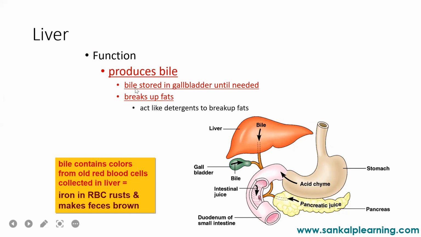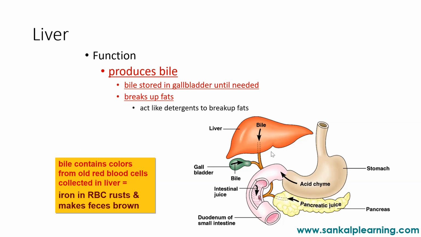Then what is the main function? Bile juice is involved in breaking up of the fats. Okay, so it acts like a detergent to break up fat. It acts like, means emulsification. Digestion anta ಹೇಳಲ್ಲ, emulsification of fats anta ಹೇಳ್ತೀವಿ. Emulsification ಅಂದ್ರೆ ಏನು? Larger molecules of fat will be converted into smaller molecules.